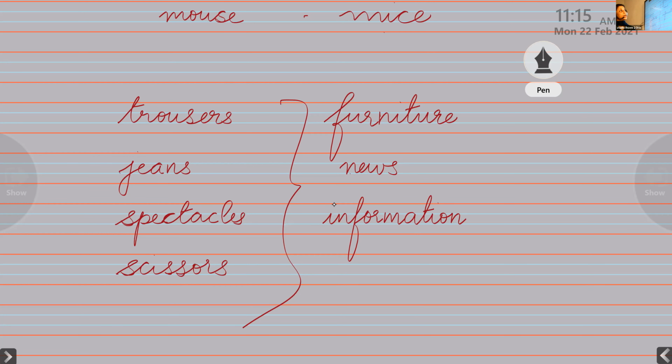And the words which entirely change, like ox, oxen, child, children, mouse, mice. And the inner vowel changes are these words: foot, feet, man, men, woman, women, tooth, teeth. So let's move on to an MCQ test paper.